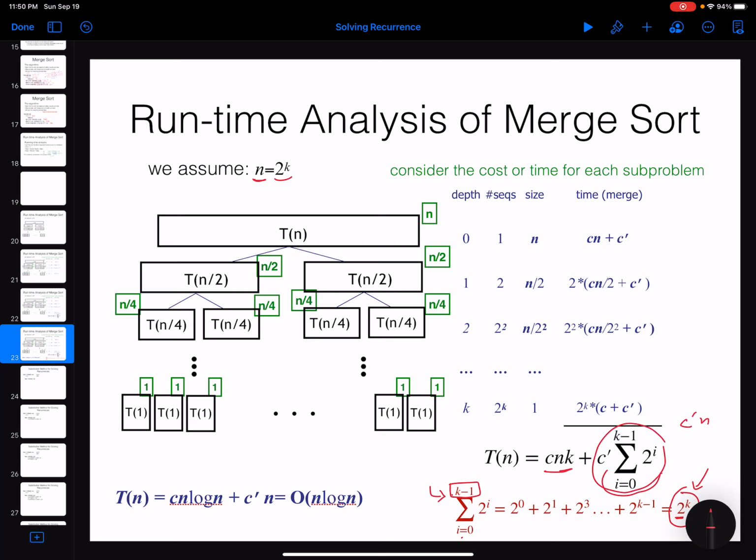So it's just that you need to add up those terms of cn that I forgot to add previously, but now you can see that I am going to have 3 terms of cn. So this is going to be T of n after 3 steps of substituting the recursive relation.